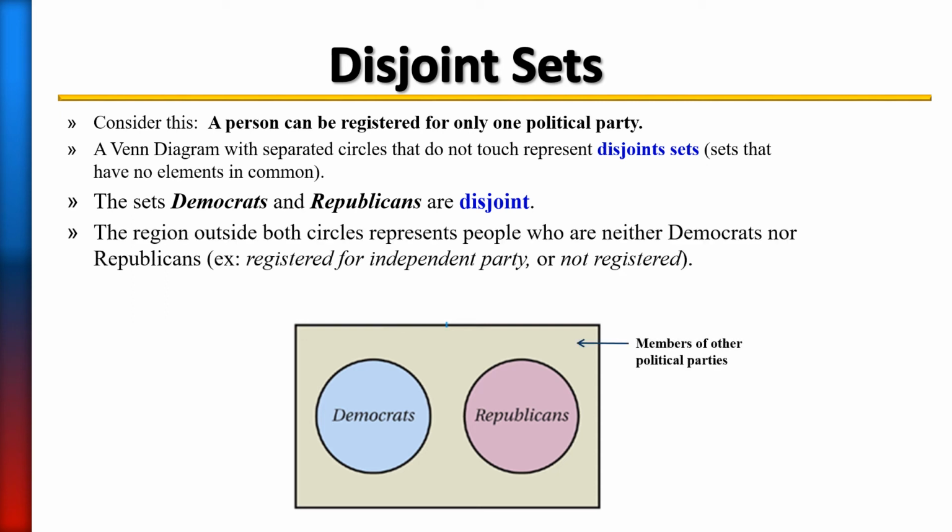So when that is the case, you just simply draw your circles, and they do not touch. They're separate. However, they're all part of the whole universal set of political parties. Now you can have other subsets in there as well. As I mentioned, there are some other parties as well. But again, this is an example of a disjoint set.